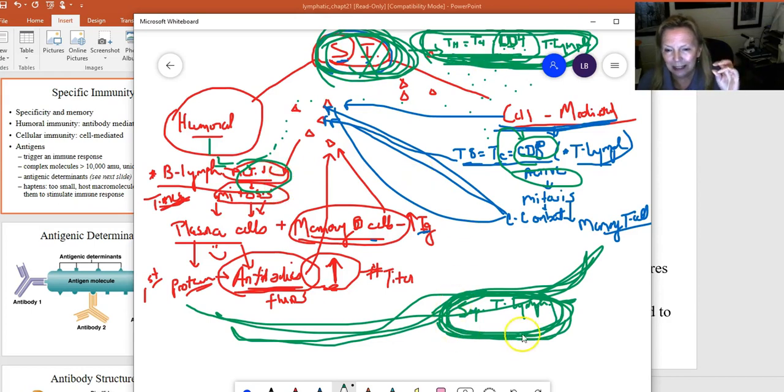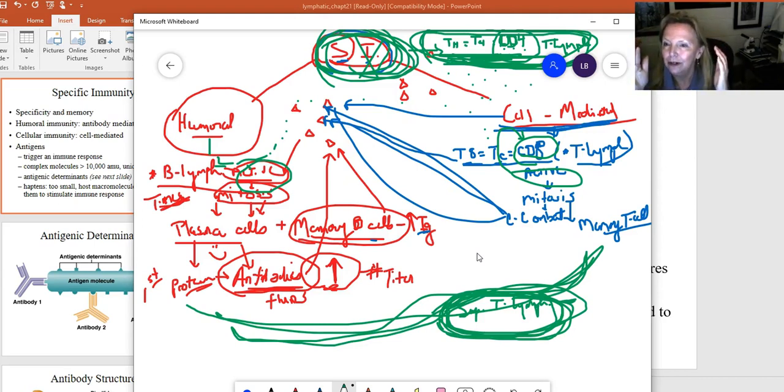I hope you understand that the suppressor T lymphocytes limit and monitor the response and make sure it isn't over the top, so that there's not collateral damage to your tissues while we're trying to take out just the foreign antigens.